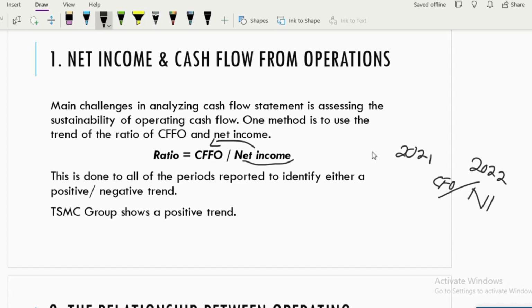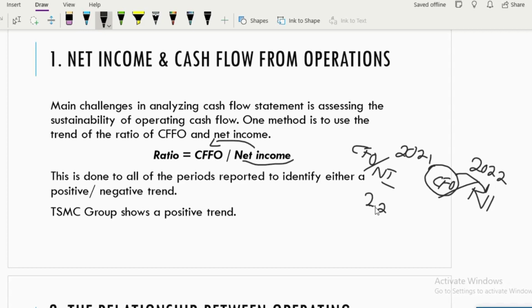Let's suppose in 2022 cash flow from operations is divided by its net income. So basically the cash flow from operations should increase or decrease in relation to the net income every year. Let's suppose last year this ratio was 2.3, meaning cash flow from operations was higher than the net income.